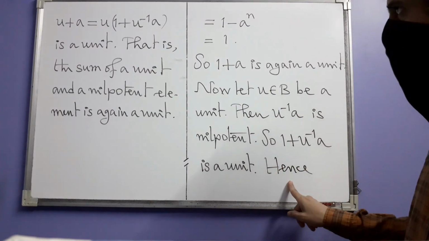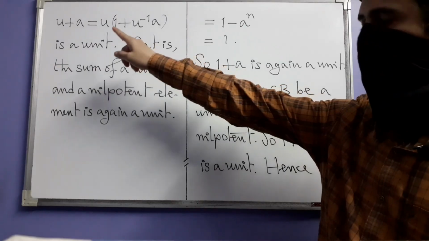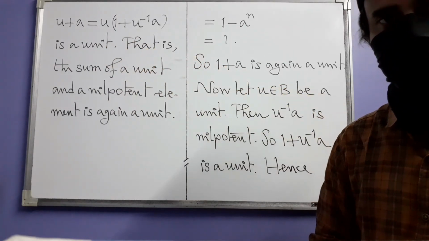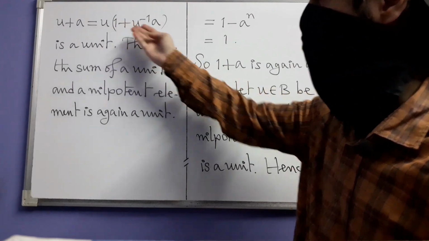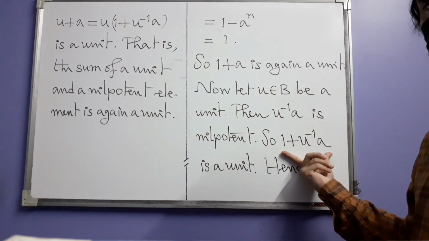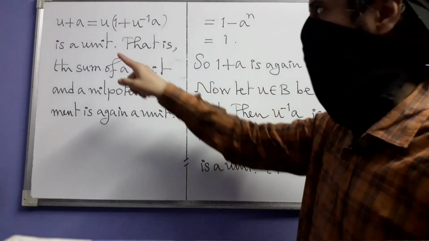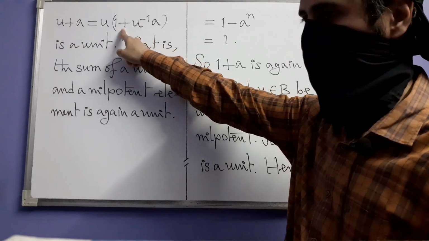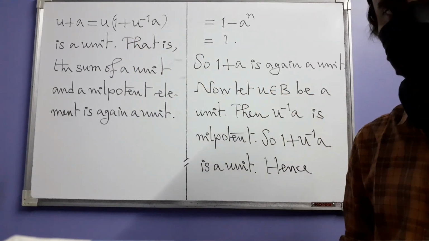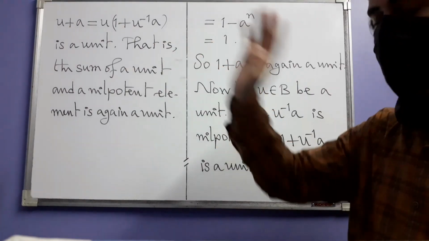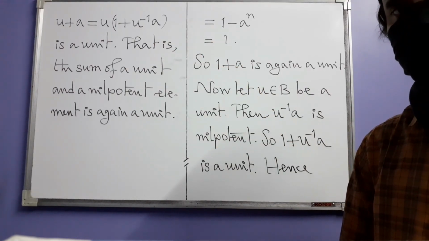Hence, now you have considered the sum of u and a. You can write the sum as this product, u times (1 plus u inverse a). If you do the multiplication, you will have u times 1, that means u, plus u times u inverse a, that means a. And that is also a unit. Why?